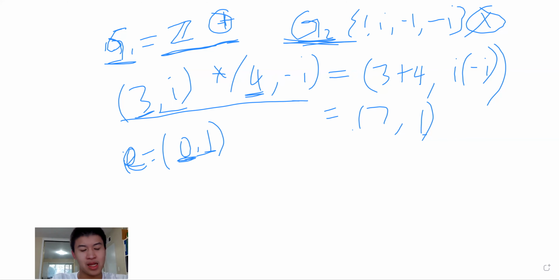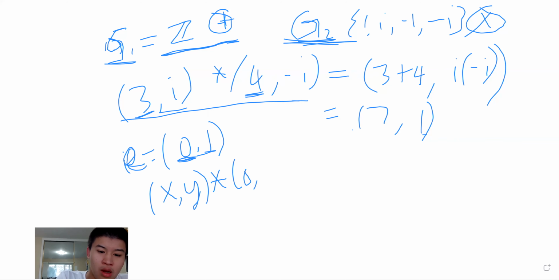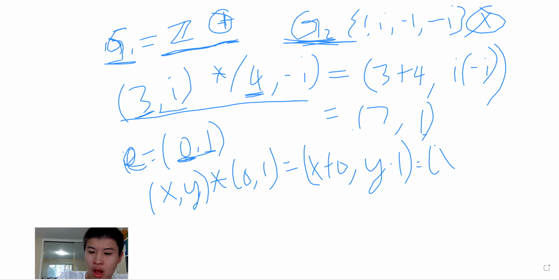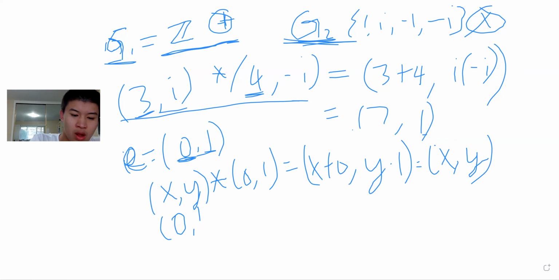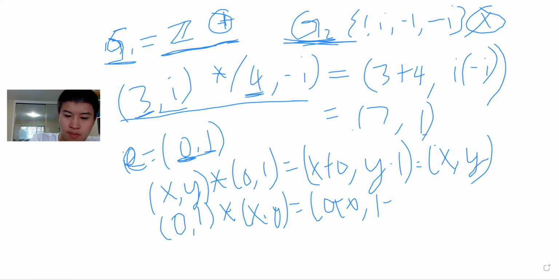So to prove that it is the identity element, let's say X, Y times 0, 1 will get X plus 0, Y times 1, which is X, Y. We get the same thing. And if we do the reverse order, 0, 1 times X, Y, we'll get 0 plus X, 1 times Y, which is X, Y. So we have proved that it is the identity element.